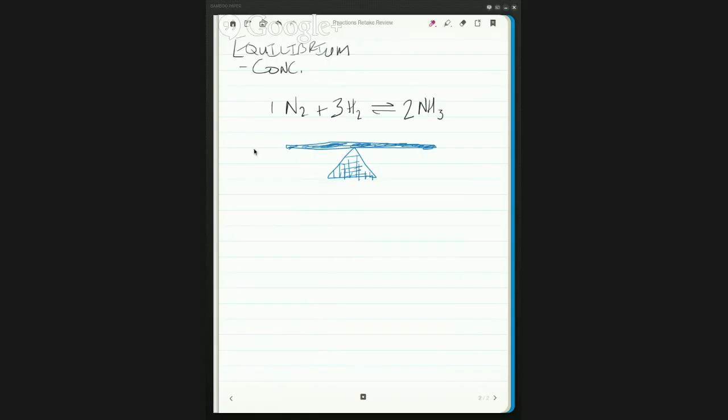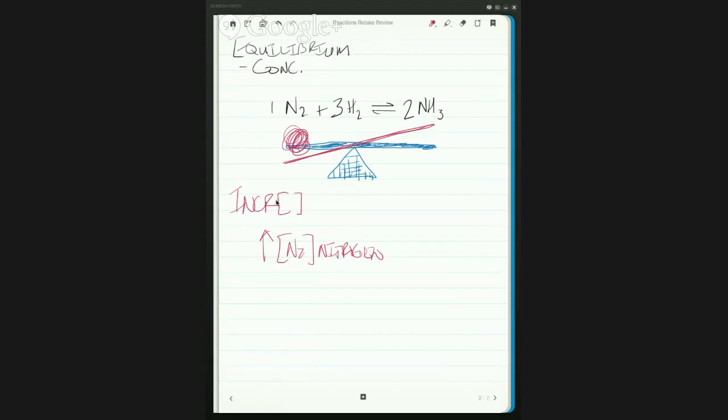wherever we increase concentration, okay? So if we increase the concentration, that's what the brackets mean, increase the concentration. If we increase the N2, increase the nitrogen, that means that we now add more to this side, which means that if we add a whole bunch of nitrogen, the teeter-totter is actually going to look like this, right?